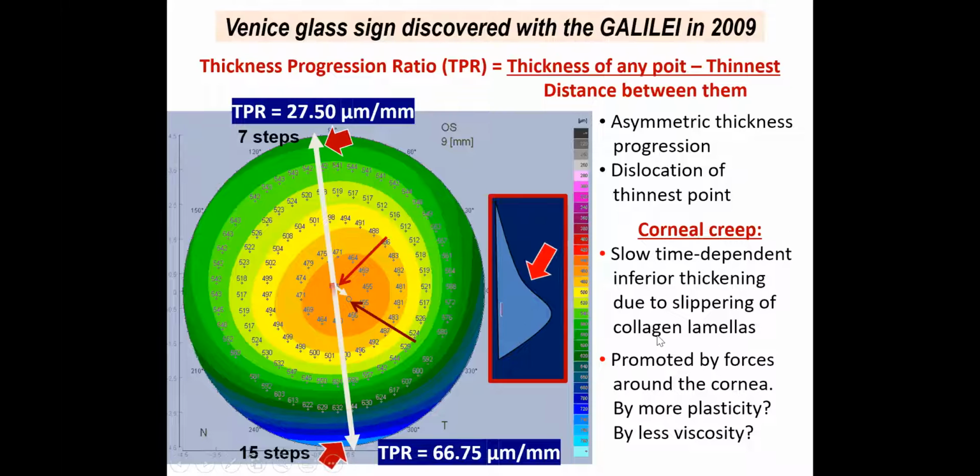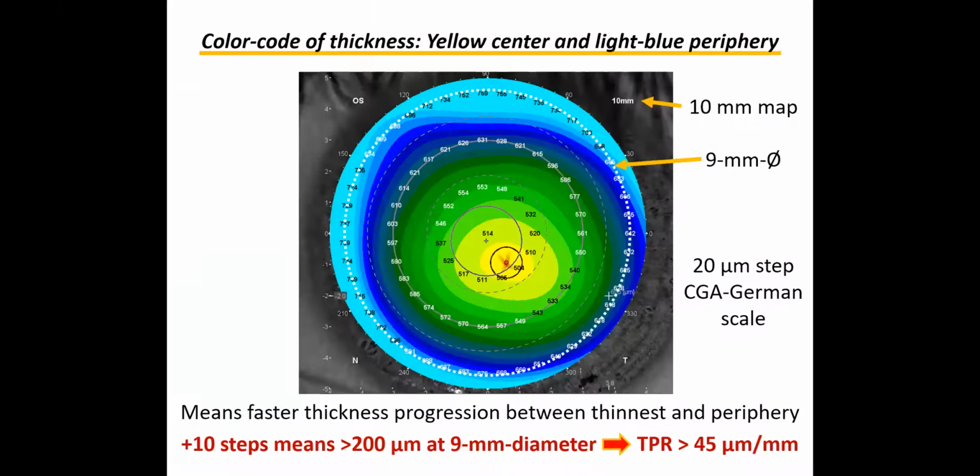Probably because of less viscosity of the cornea and a phenomenon that I call corneal creep, the displacement of the collagen lamellas to the bottom when the cornea is smashed every time the lids blink. So the thickening of the cornea or the thickness progression may be asymmetric.